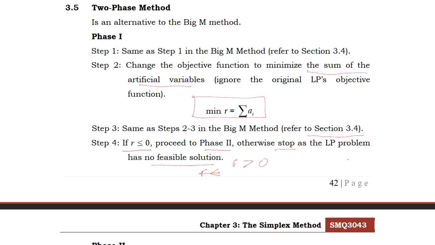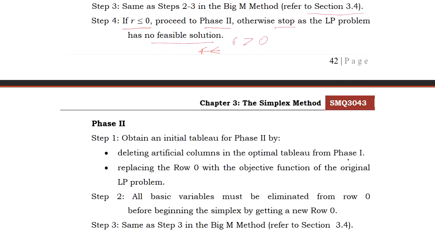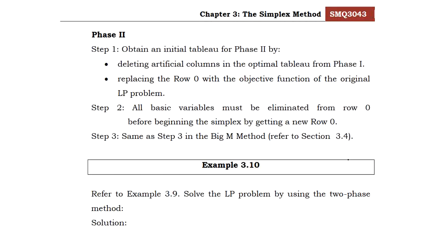So in phase 2, if R is less than or equal to 0, step 1, we need to obtain an initial tableau for phase 2 by first deleting the artificial columns in the optimal tableau from phase 1. Second, replacing row 0 or row Z with the objective function of the original LP problem.